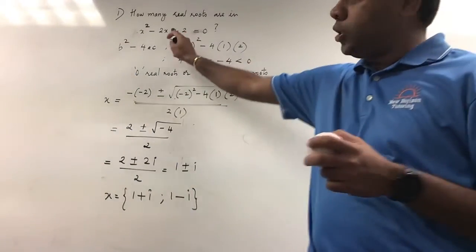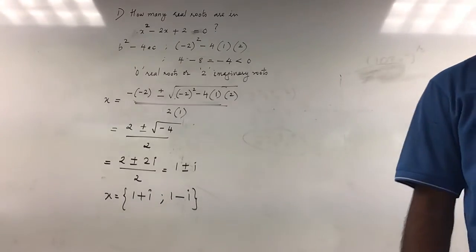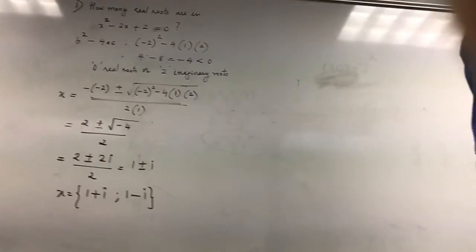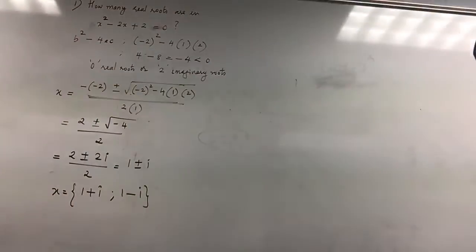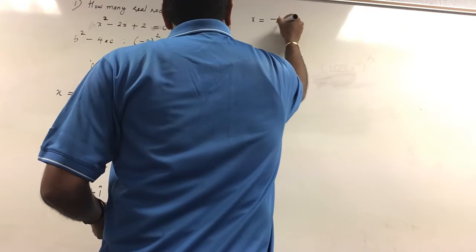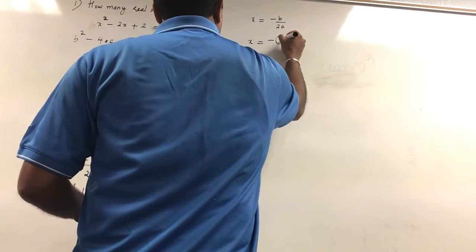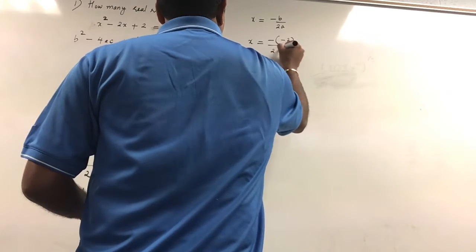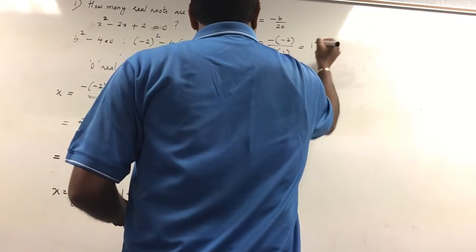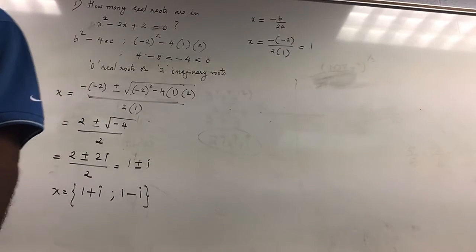For the same quadratic equation, find the axis of symmetry. Oh, that's an easy one. Got it?